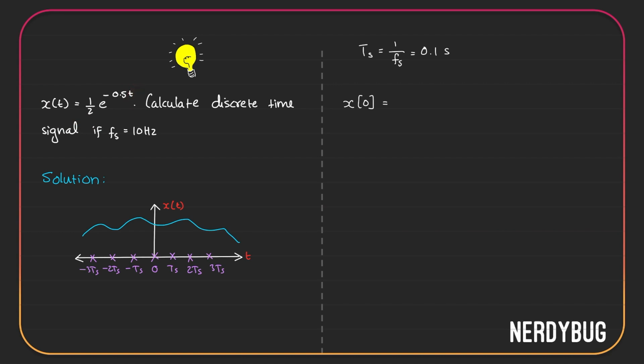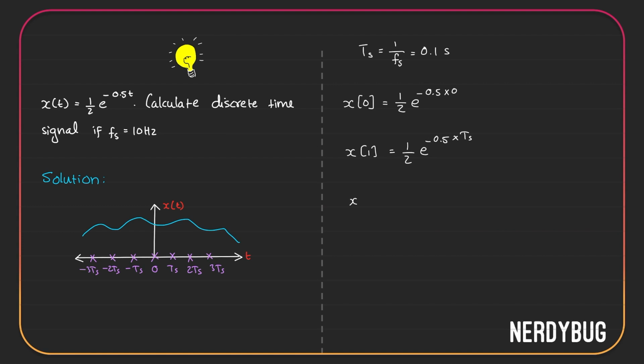So I will get half e raised to minus 0.5 multiplied by 0, since t will become 0. Similarly, if I want x of 1 in the discrete version, it will be half e raised to minus 0.5. Instead of t, what will I give? I want the sample at ts. We do have the value of ts, but right now I'm just going to write ts.